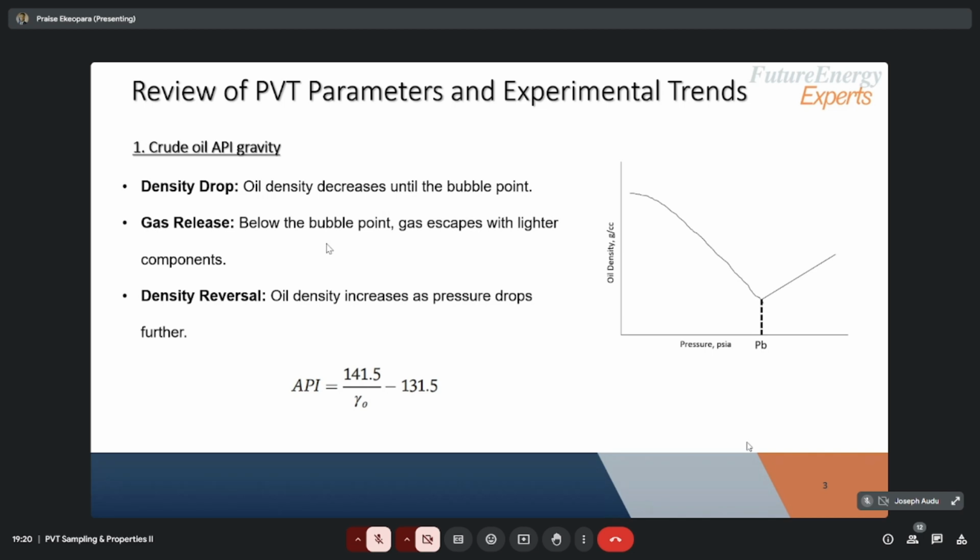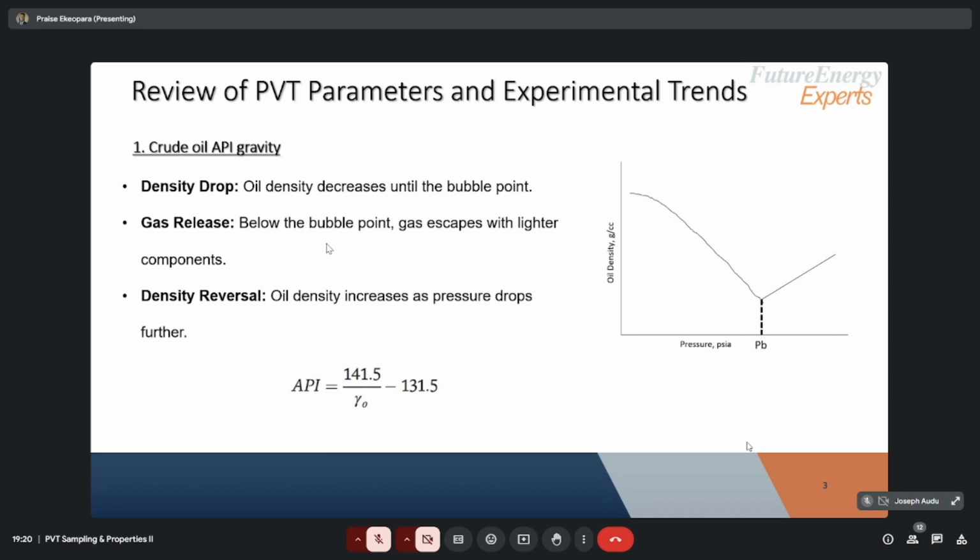API tries to relate the density of oil with that of water. However, before you get your API, you must first calculate your specific oil gravity, which is the density of your oil relative to that of water. So we are tying our crude oil sample to that of water.